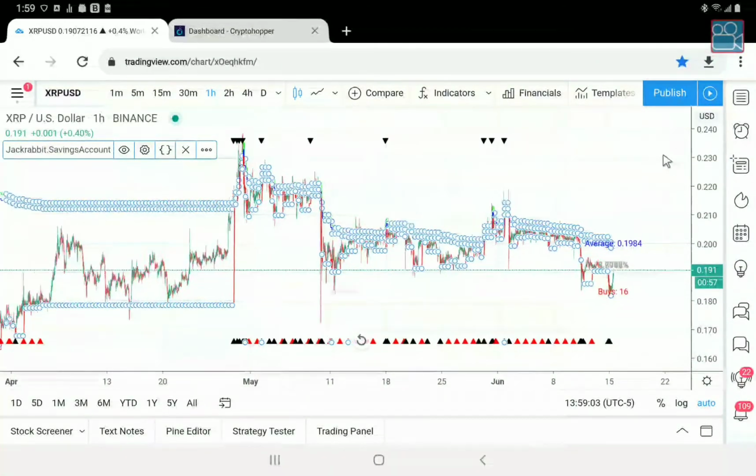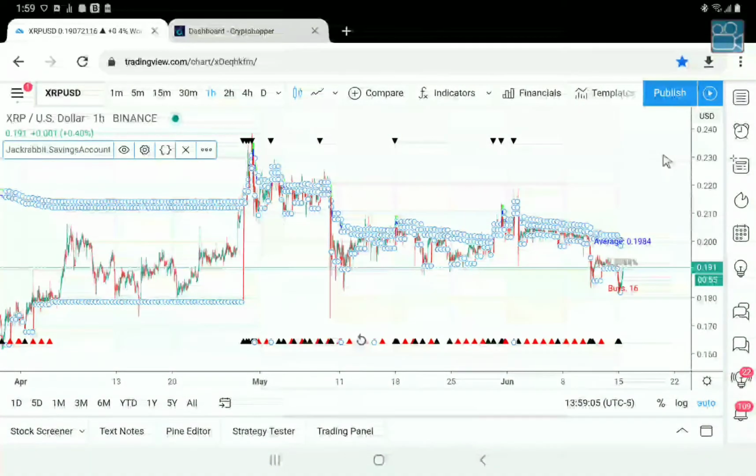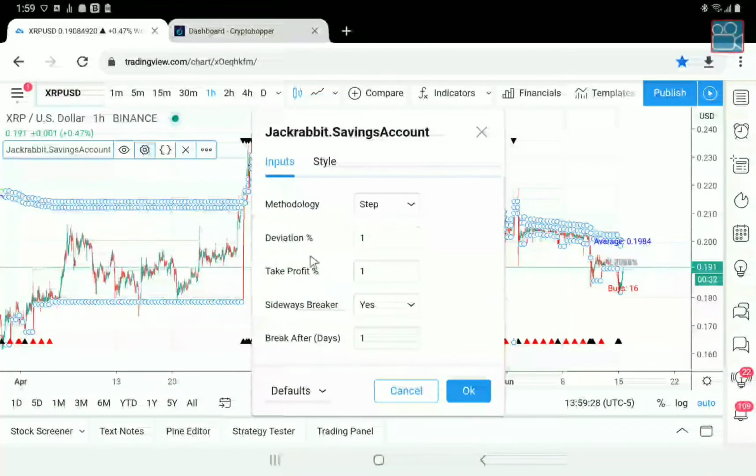So if you have a coin that's just completely messed up in a channel, the sideways breaker is an option to look at. Test it in a paper trader, run it side by side in your real bot, compare results. That way you can actually see if this kind of a coin is better or worse.